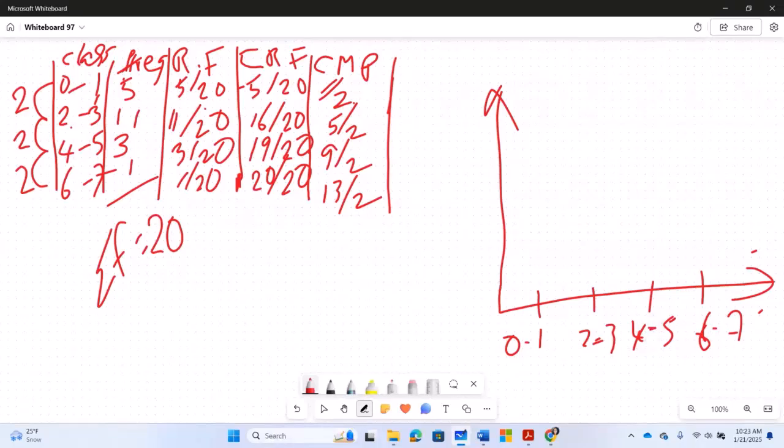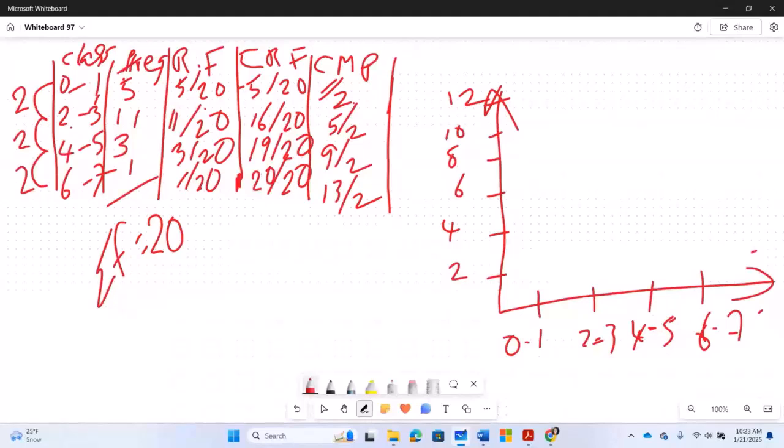If I look at this, I know that the highest frequency for the class is 11. So I can say 2, 4, 6, 8, 10, 12. Because the highest frequency for the class is 11, I decided to use intervals of 2.